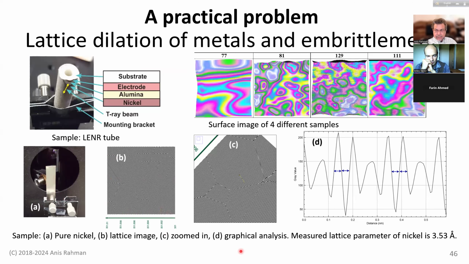Nickel has a reported lattice of 3.53 angstrom, 3.52 angstrom. So we got very close to that, and we assumed that this technique is working. And so we took this pure nickel, we scanned over a volume, then one surface was separated and zoomed in, and the lattice parameters were measured, the same way as I showed before.